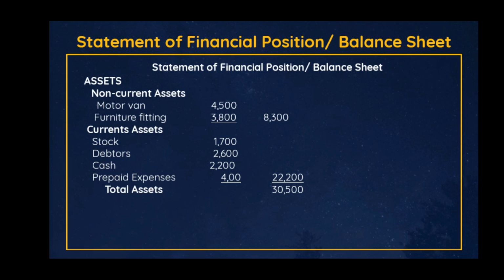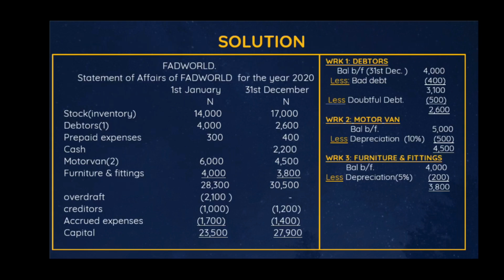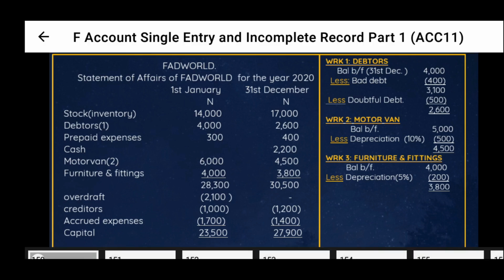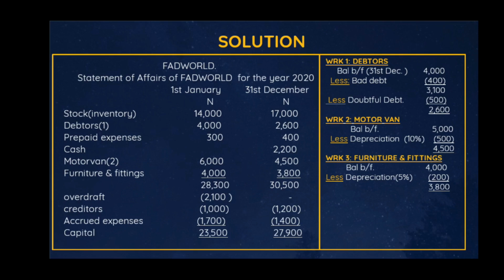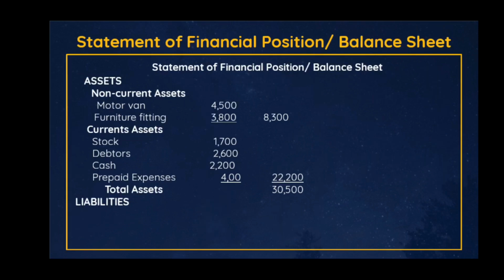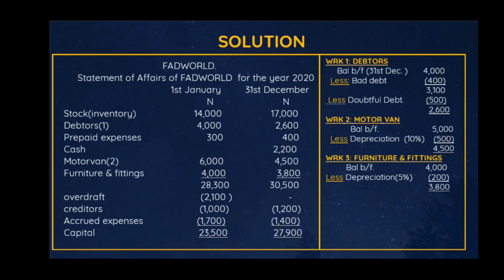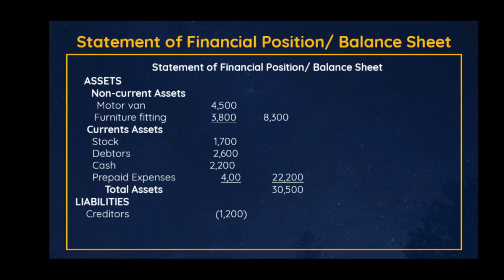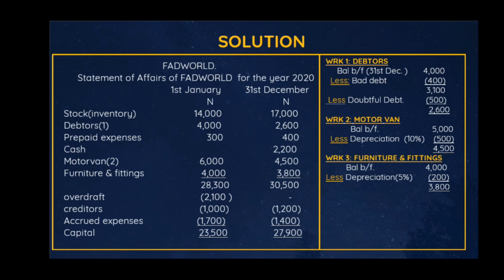So now, less liability. We are going to deduct liability from it. What are the liabilities we are having? The first liability we have is overdraft. But at the end of the year, we don't have an overdraft, so we are going to skip that. Creditors. What is the value of the creditors? 1,200 naira. Then the next liability is accrued expenses.